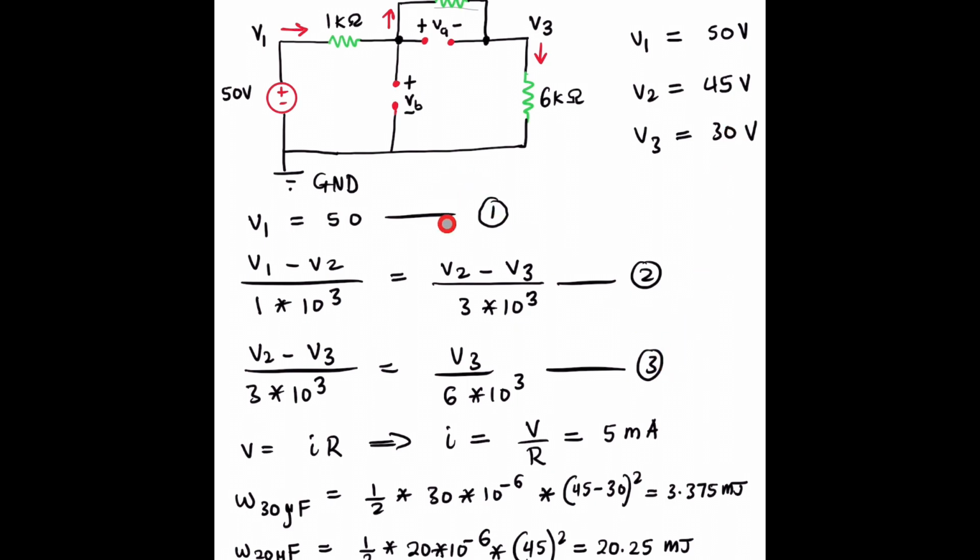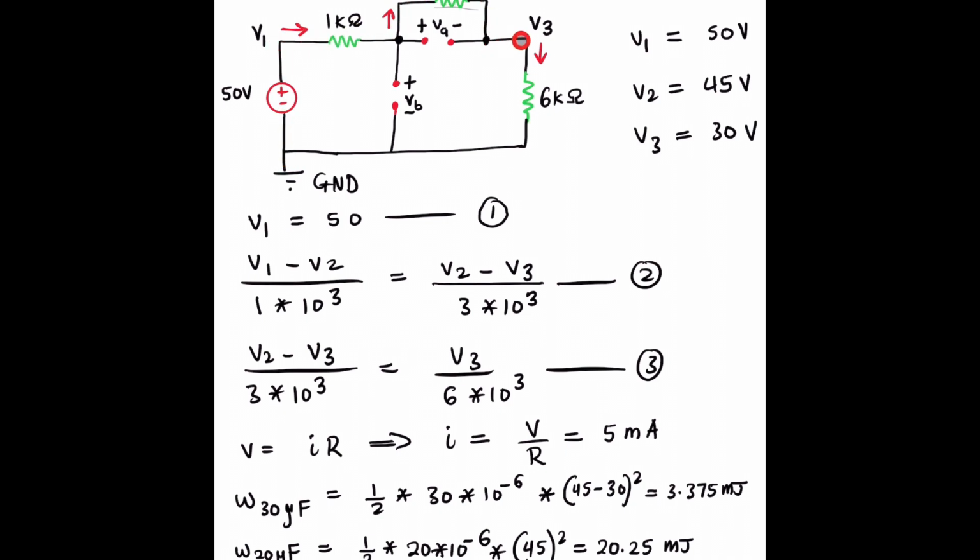From Ohm's law, we have V equals IR. This implies that I is V divided by R, and if you put 30 volts here, and this R, 6 kilo ohms, you're going to have 5 milliamps. Obviously, the same current flows through the loop. It's going this way, that way, and then to ground. It's the same current.